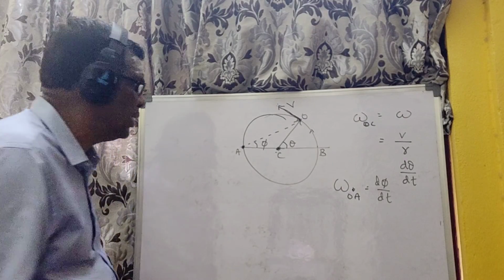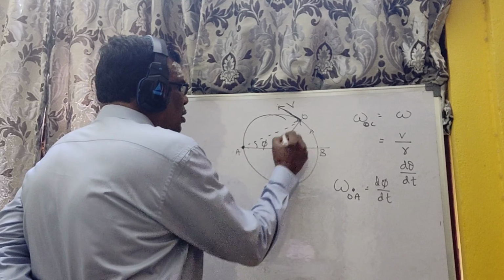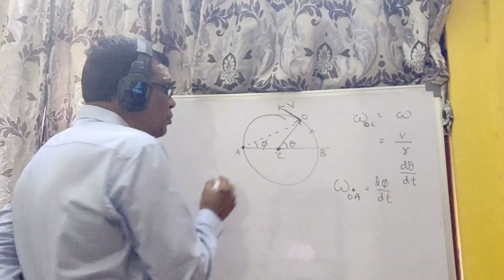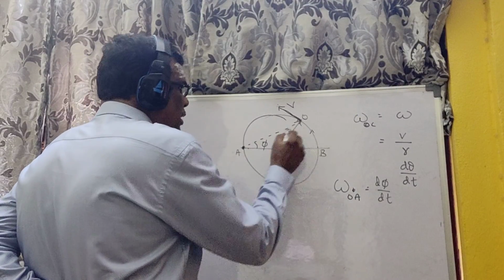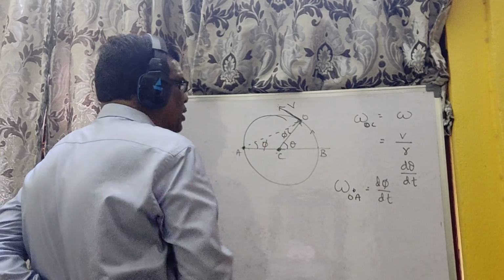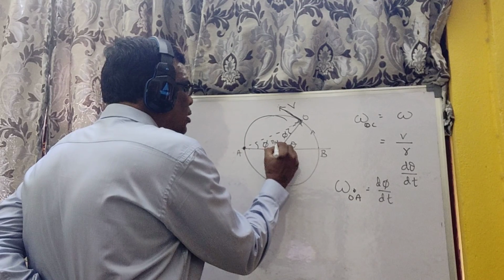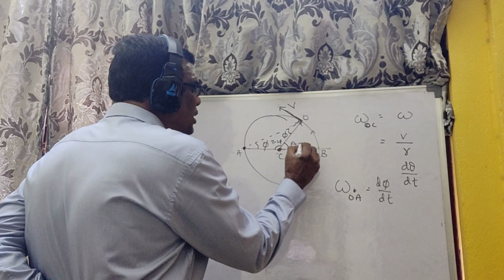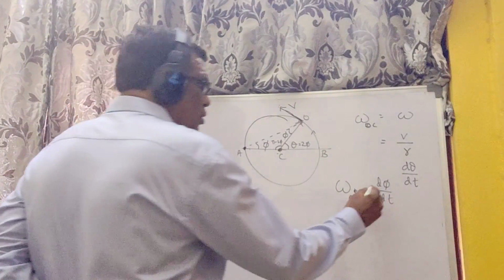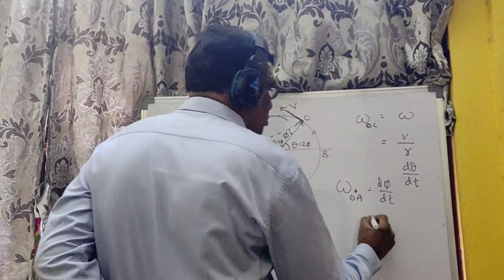One simple way, look at that. What is phi here? Now, this is R, this is R. This is an isosceles triangle. Alright? Therefore, the opposite sides must have same angle. So, this is also phi. And what is this angle? Pi minus 2 phi. Therefore, what is theta? 2 phi. So, phi is nothing but theta by 2.